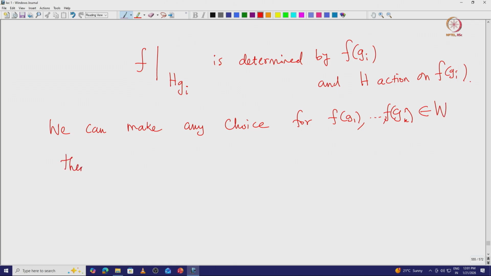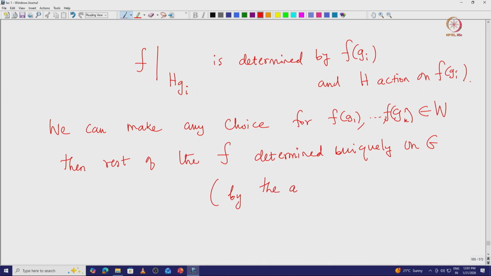Then the rest of the function is determined uniquely on G, and of course, using the action of H on W. The thing is we are assuming that we know everything about the H action on W. So, using that action, we want to recover the induction space.